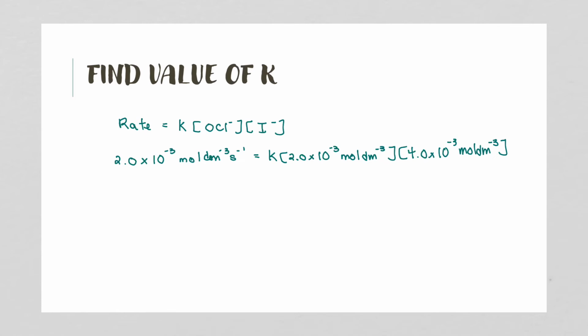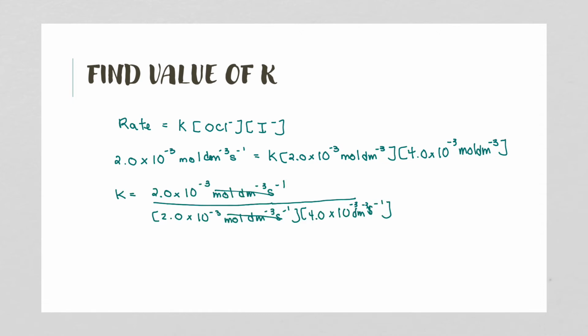So remember, we need to rearrange this to isolate K. So K is equal to the rate divided by the concentration of OCl minus and iodide ions. So I've rearranged the expression, and remember, we're going to cancel out one whole set here because dividing this by this will cancel that one out.